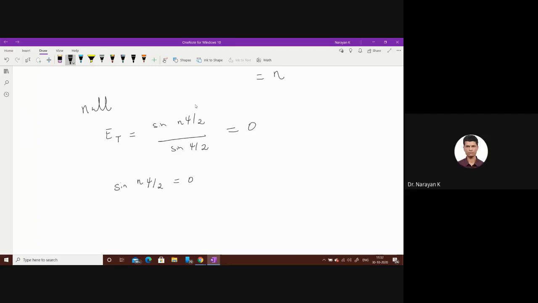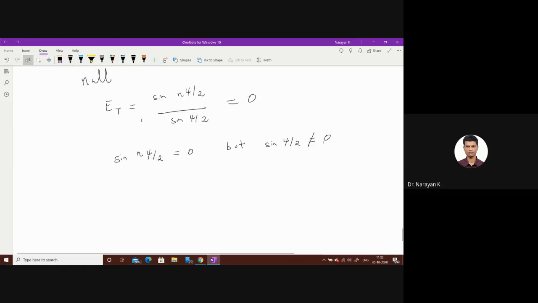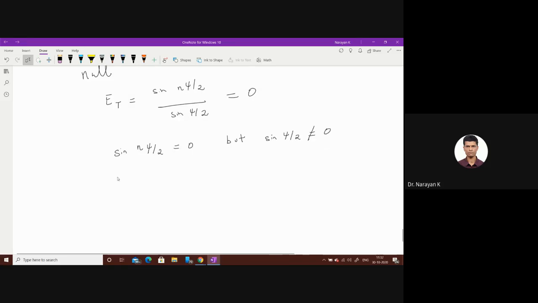No, it will become indeterminate. So only sine of n psi by 2 can be equal to 0, but sine of psi by 2 cannot. So n psi by 2 is equal to sine inverse of 0, that is equal to plus minus m pi, where m is equal to 0, 1, 2, 3, 4, etc.